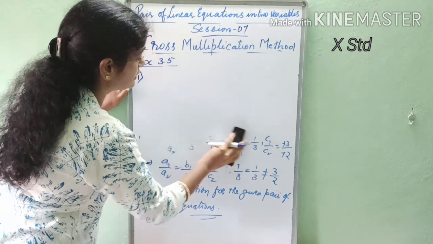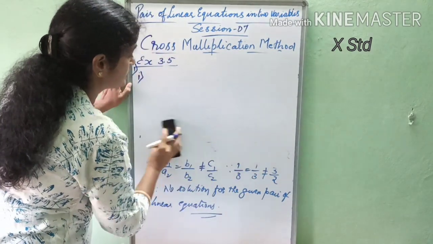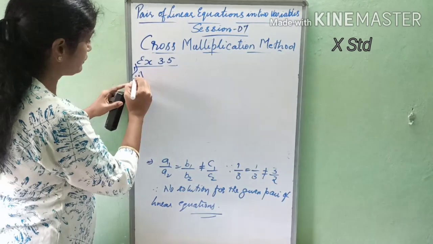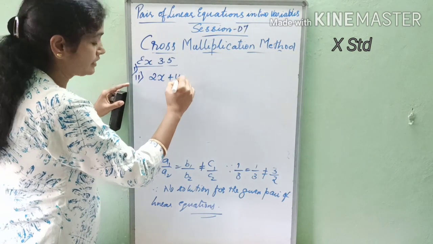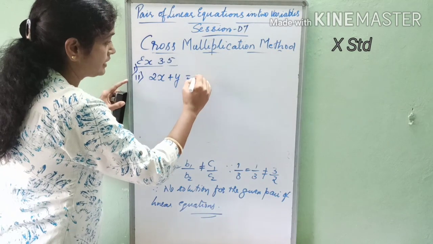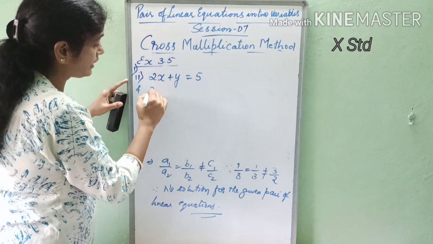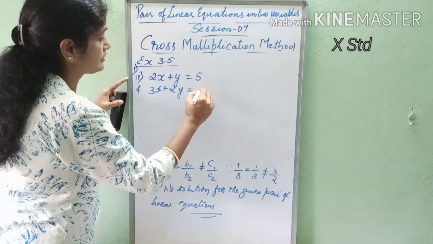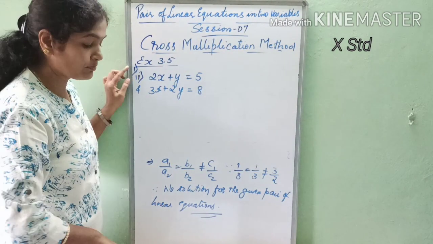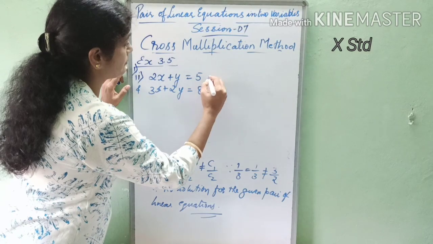The second part is 2x plus y is equal to 5 and 3x plus 2y is equal to 8. Now we will write both of them in the standard form first.